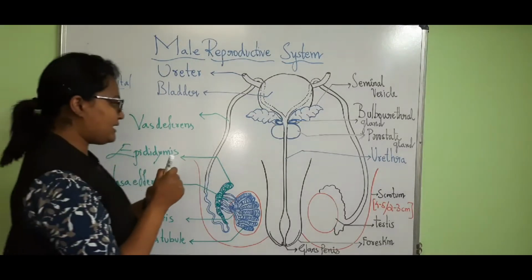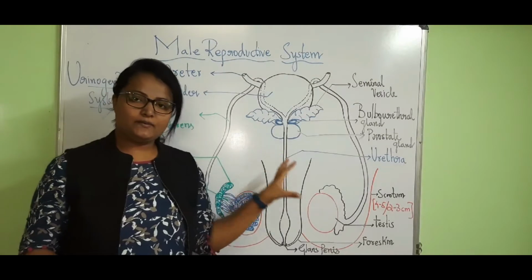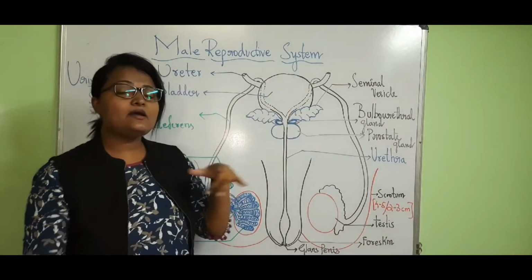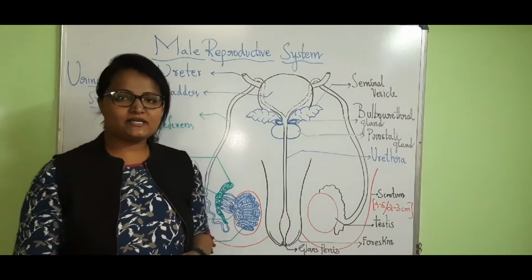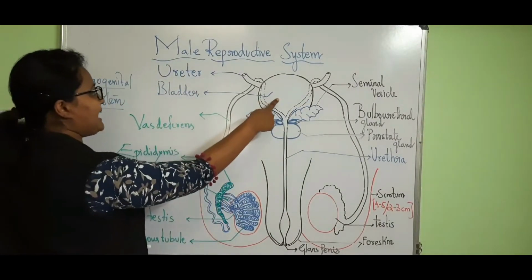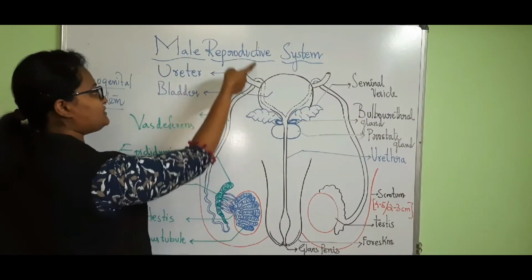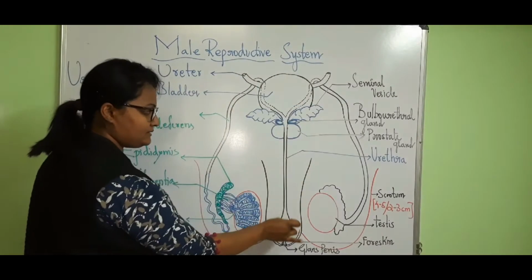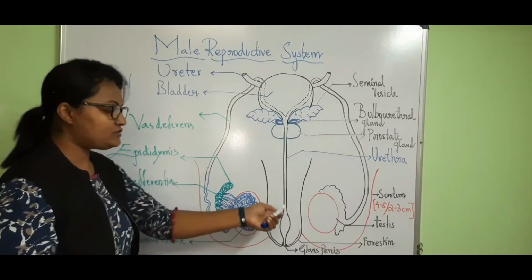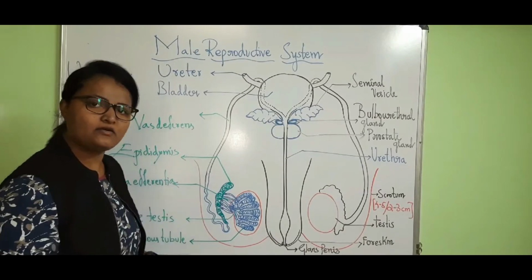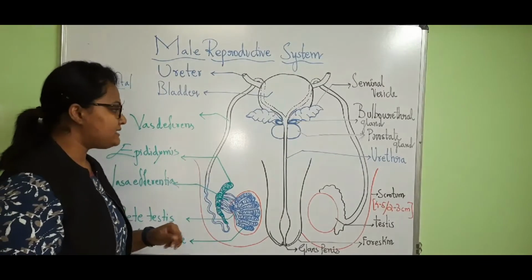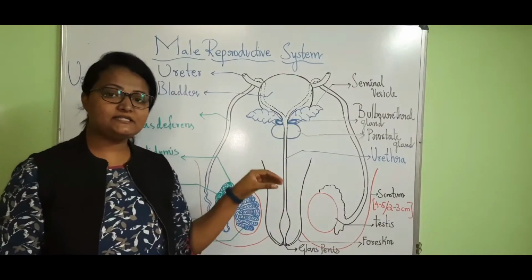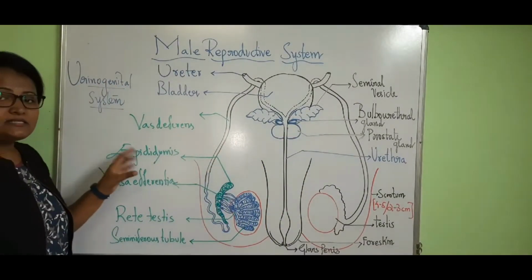Along with the reproductive parts, you can see some part of the excretory system: the bladder, the ureter, which connects with the kidney, a pair of kidneys, and the urethra. Understood? This is the structure of the excretory system we have already studied in our previous standards, and along with it is the associated reproductive system, hence it is called the urinogenital system.